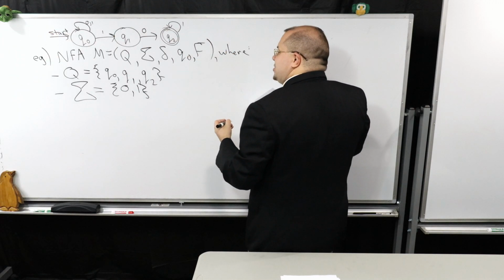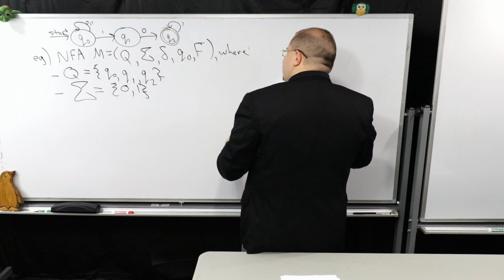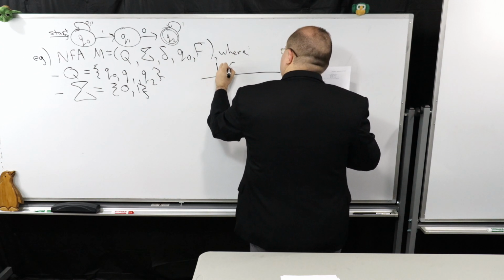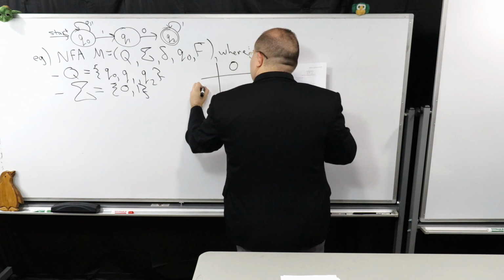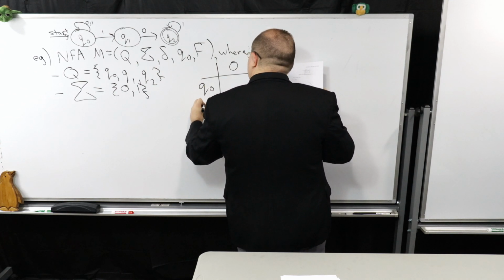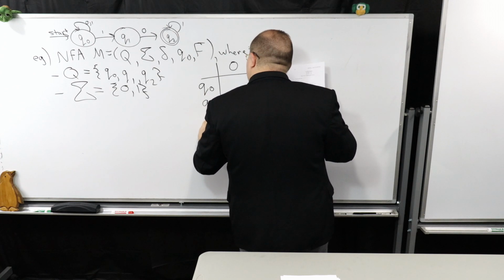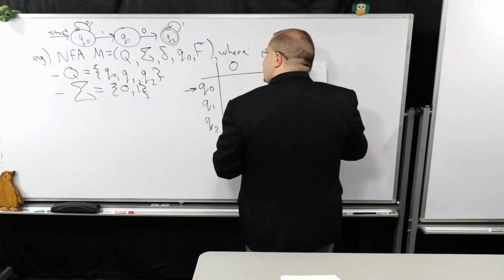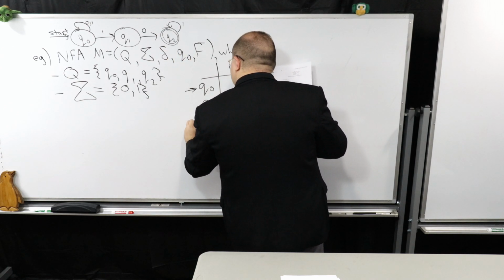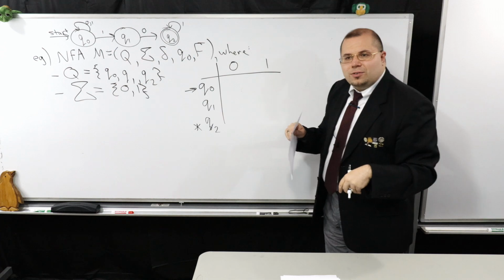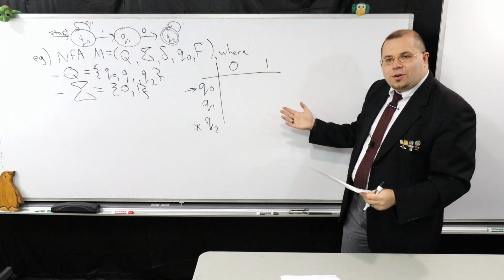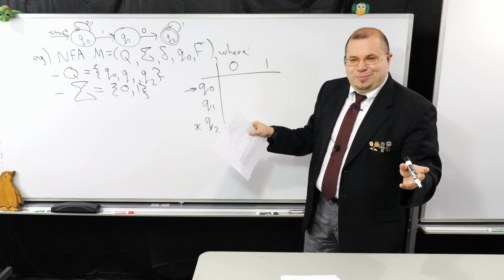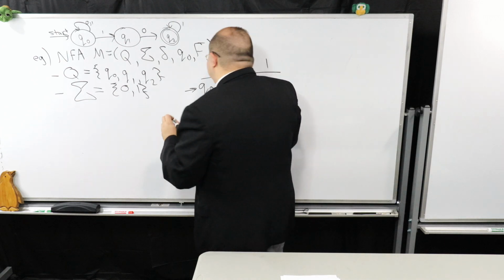I'm going to do a transition table, seeing as I have the transition diagram, because it's important I show you how to do it both ways here. So I have 0 and 1. Now I have Q0, Q1, and Q2, just like what we do normally with our transition table. I indicate the start state, that's Q0. I indicate the states that are final or accepting states, just like I did before. Like I said, all these rules are generally going to fit across the board for most of the things we're going to talk about in this class.